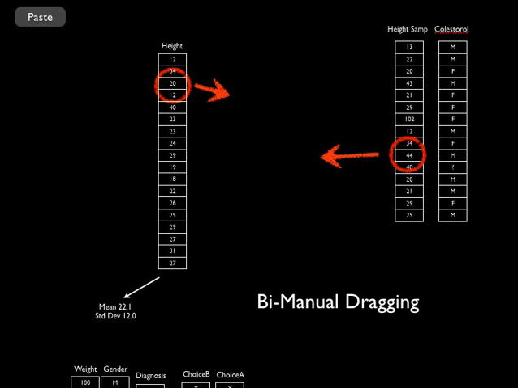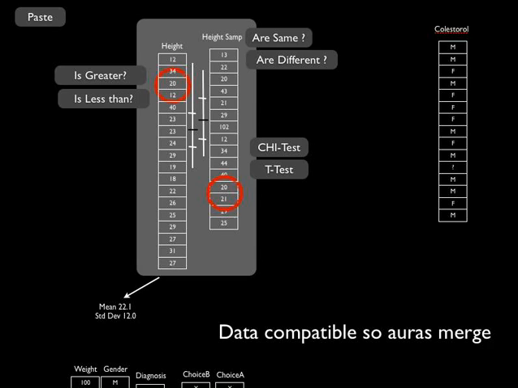Now, let's get on to the meat. Now let's start off with bimanual dragging. So here we're seeing one data column, height, and another data column, a sample of heights, being dragged towards each other. Obviously as soon as you click them they will get auras, but then as you push them together the auras collide, and then at that point the auras present questions or actions that can be operated on the data in combination.